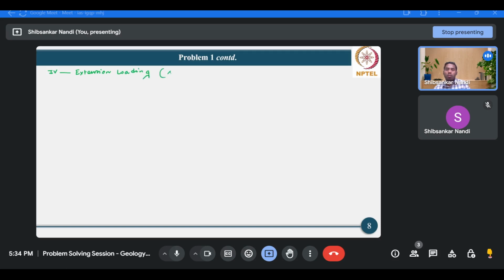That is, your sigma 1 is constant and delta sigma 3 is greater than 0.